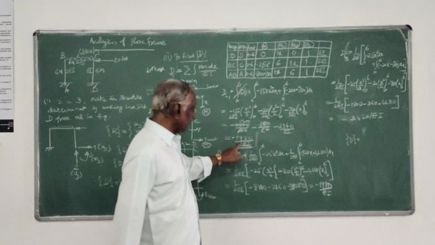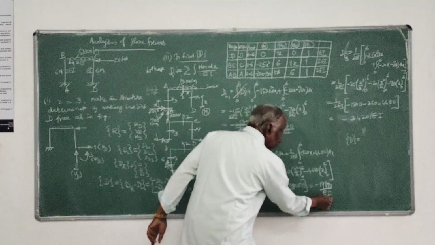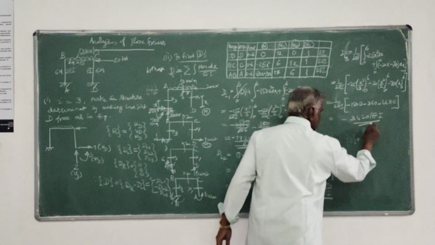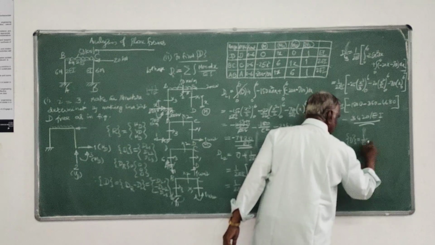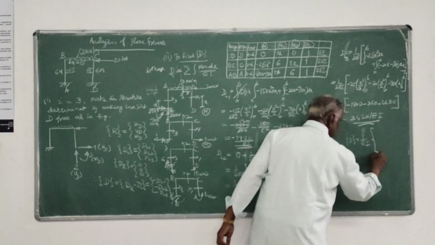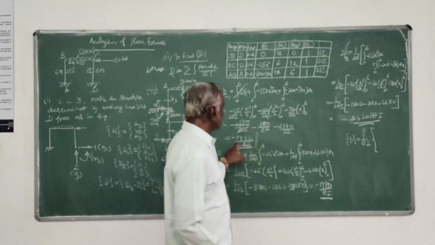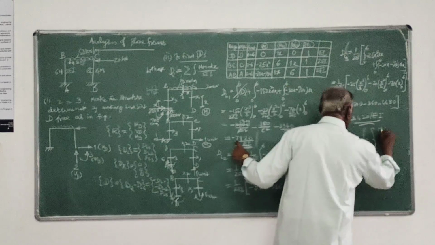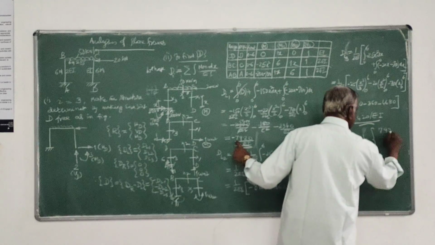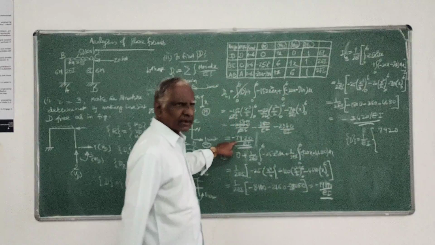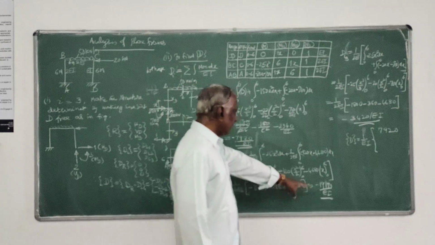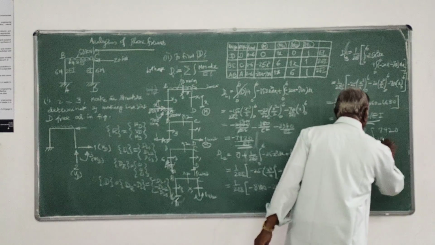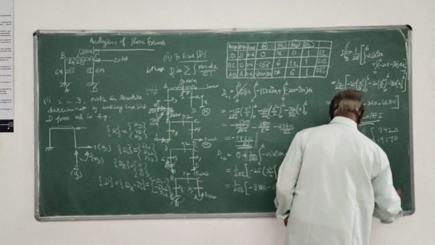Therefore, my D matrix is equal to minus DL1 minus DL2 minus DL3. I have calculated DL1, DL2, DL3. So I will take 1 over EI outside. DL1 is 7920, because minus of minus becomes plus. Here it is 19170.